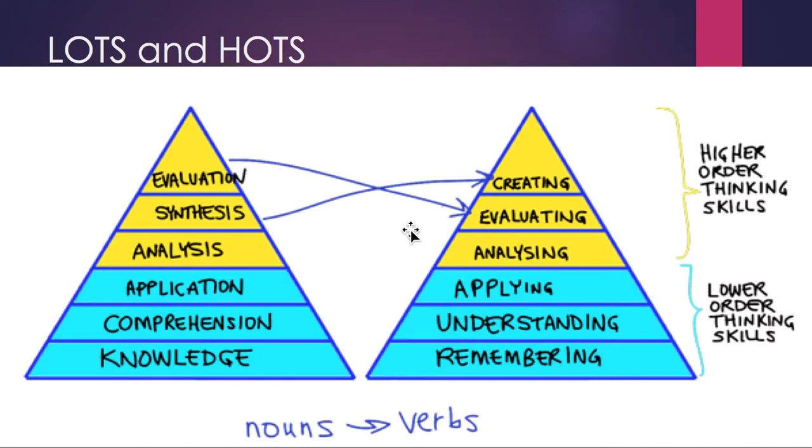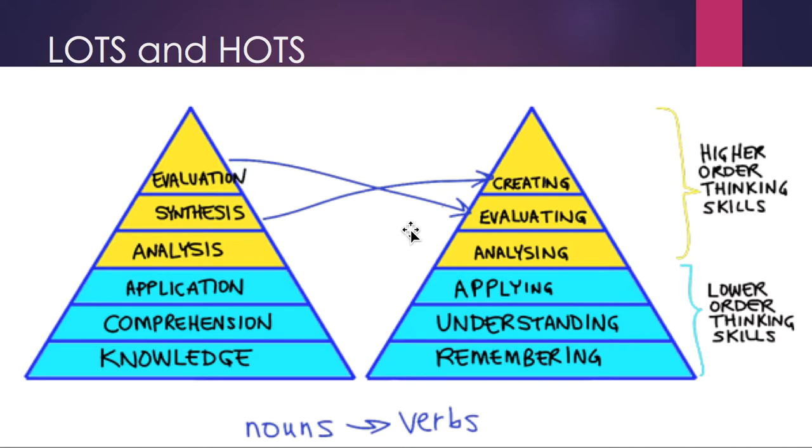Okay, so LOTS and HOTS. That's lower order thinking skills and higher order thinking skills. You've heard me say lower and higher a lot already. The bottom three categories are your lower order thinking skills: remembering, understanding, applying. If you think about it, it doesn't take a lot of cognitive ability to remember or understand something. But if we want to analyze, evaluate, and create, it does take a lot more cognitive ability.